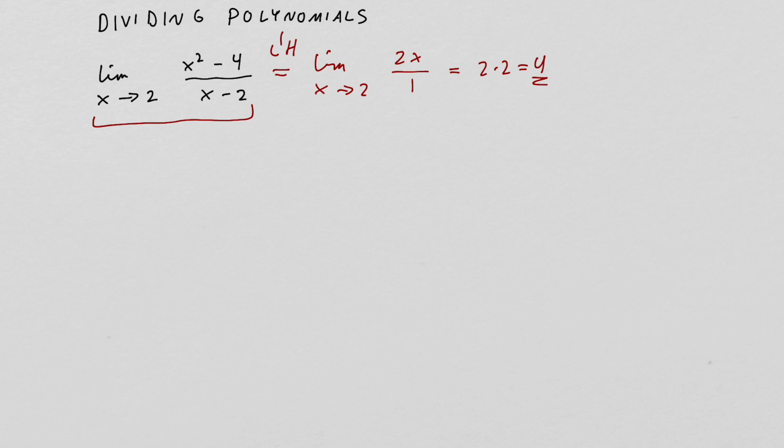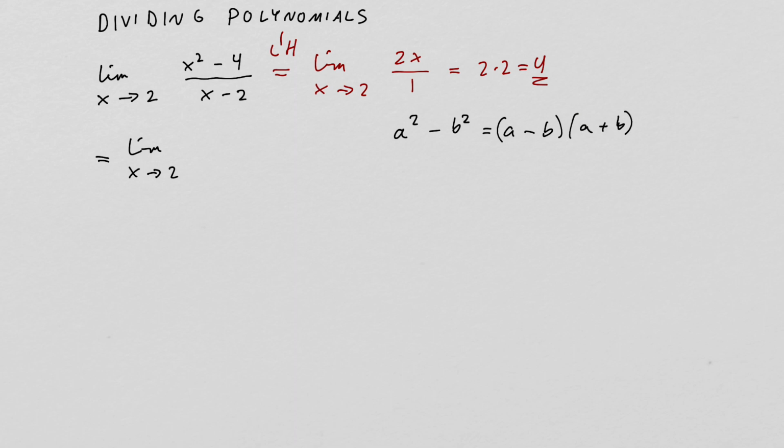This is the new method that was introduced in this course, actually in the autumn already. The more simple way to solve this would be to use the quadratic difference formula. So a difference of two squares is the product of the difference of the numbers and the sum of the numbers.